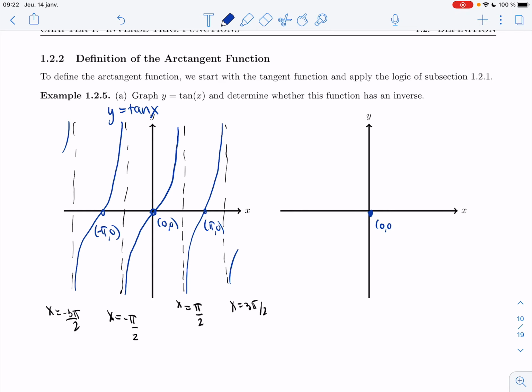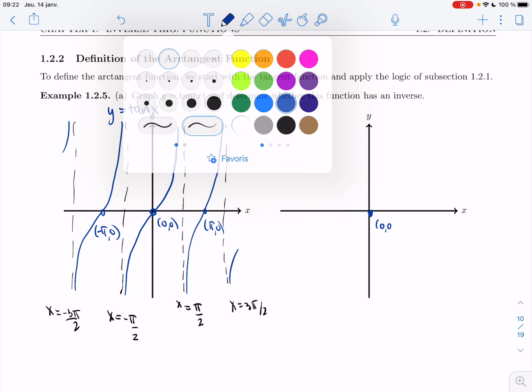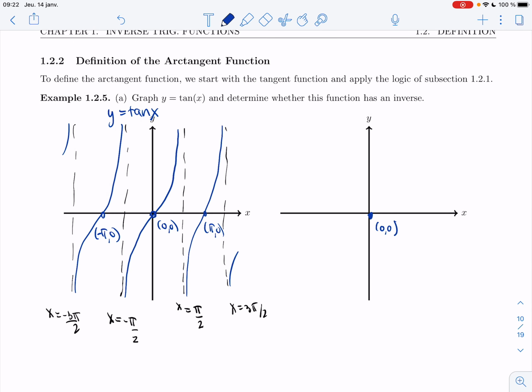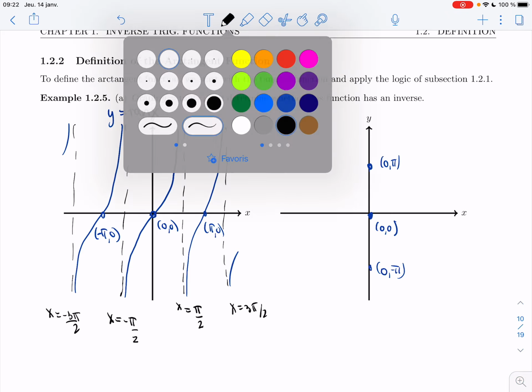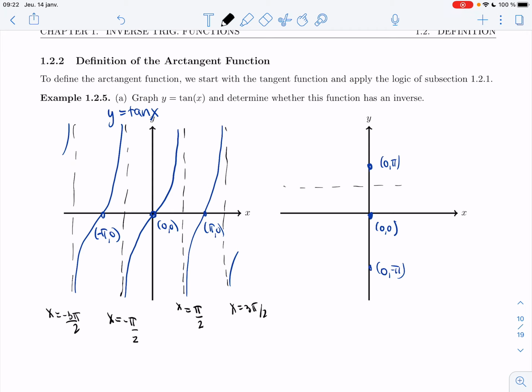And so what I'll get if I switch the roles of x and y, I'm going to get 0, pi, and 0, minus pi here. And instead of having vertical asymptotes, I'm going to get horizontal lines at y equals pi on 2 and y equals minus pi on 2.